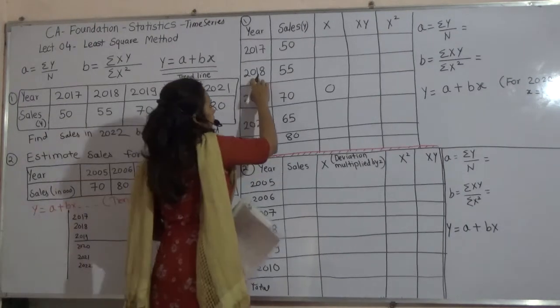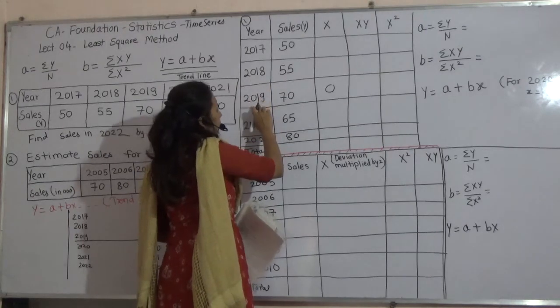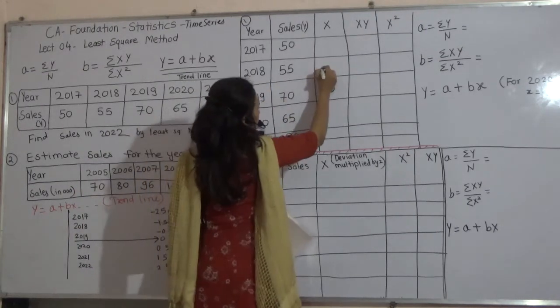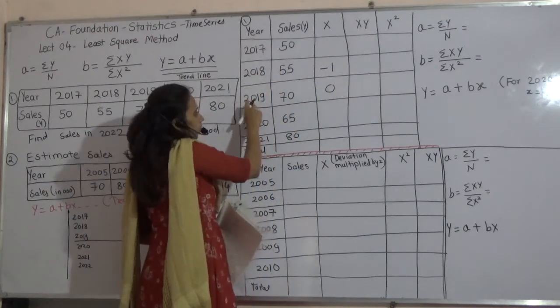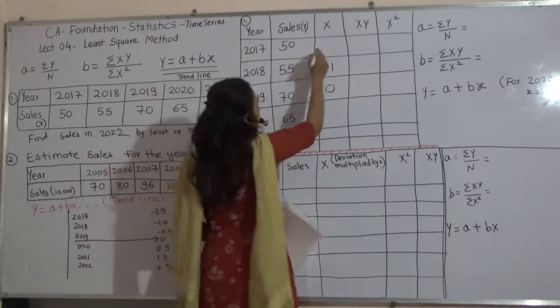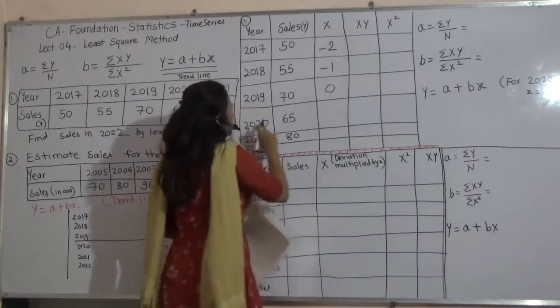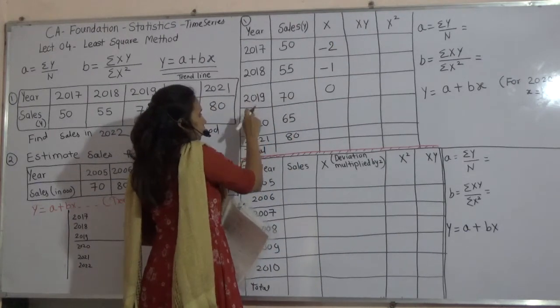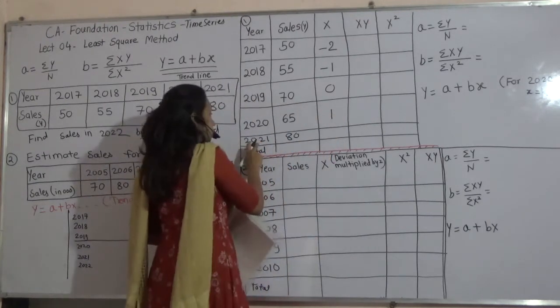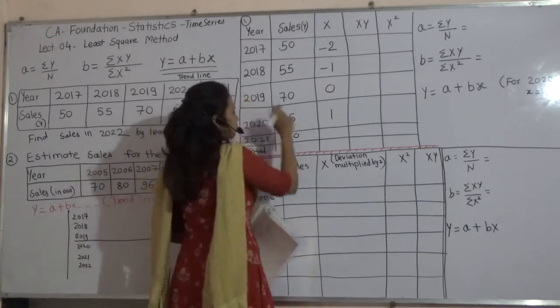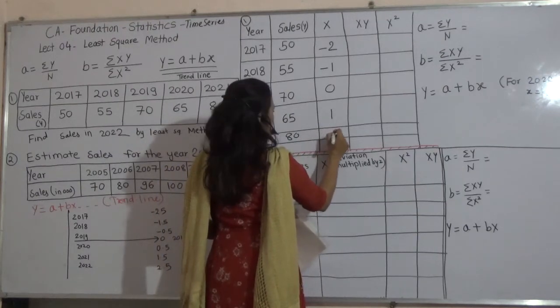Now 2018 minus 2019, how much? Minus 1. 2017 minus 2019, that is minus 2. Same way, 2020 minus 2019 is 1, and 2021 minus 2019 is 2.